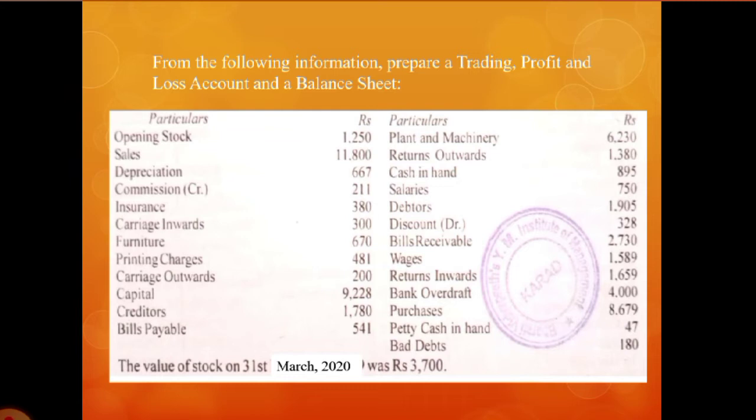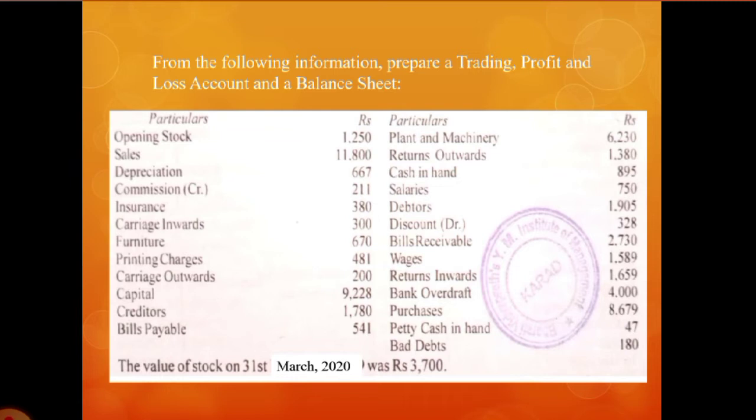Capital represents the amount of investment made by the proprietor or the trader in his business. Now we have to remember the separate entity concept. As per this concept, we know that a business organization has its separate existence. A business is an artificial person as separate from the owner of the business.